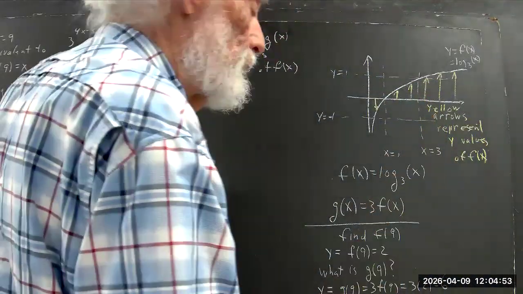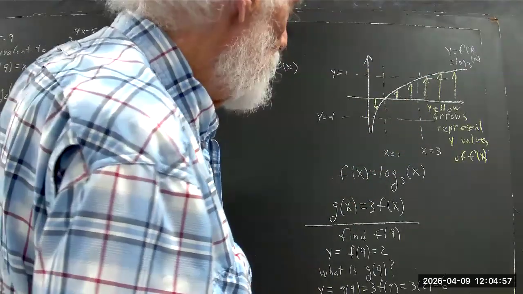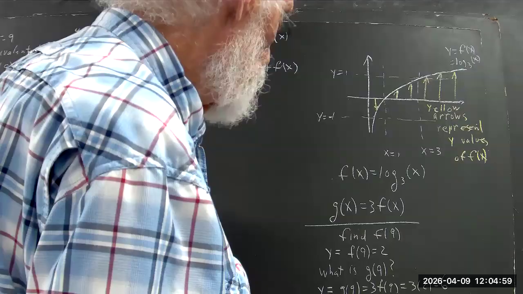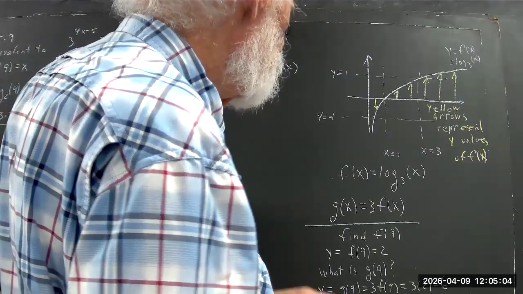Say the yellow arrows, unless you're colorblind. Okay, these arrows represent the y values of f of x. It should be obvious which arrows those are.